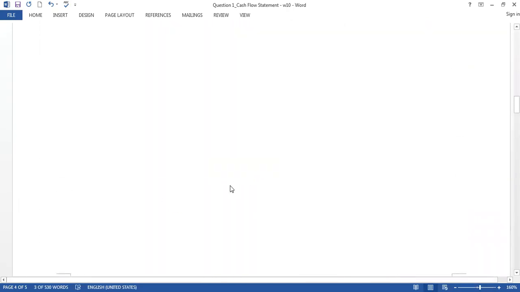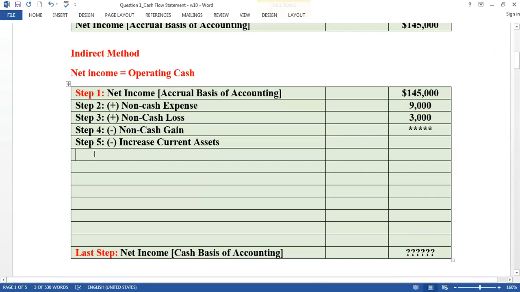So look at step 6. Decrease current asset. Decrease current asset means cash is with you, right?